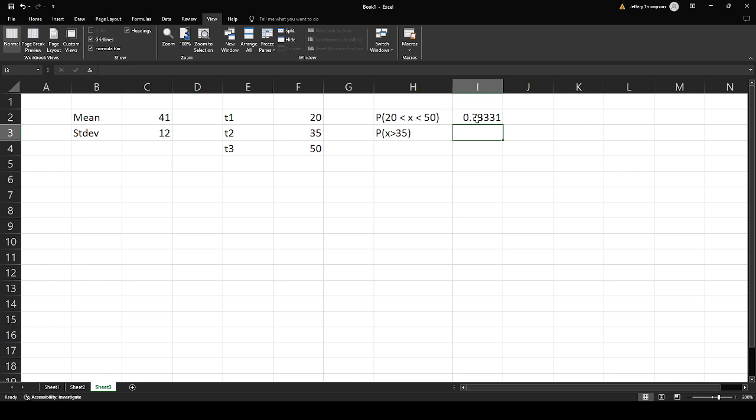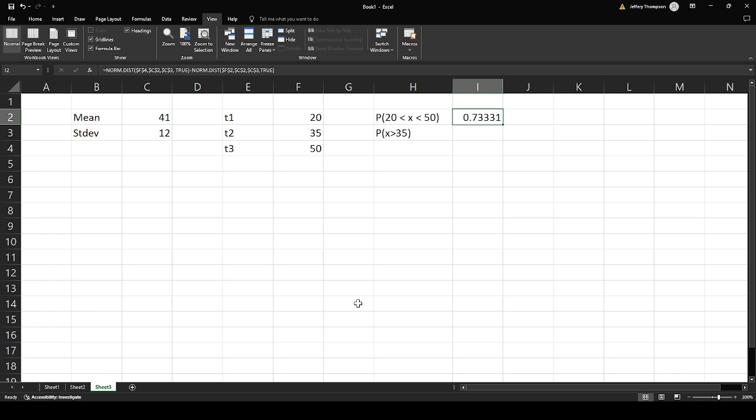And now Excel automatically subtracts the two. So if we're looking for a range, we take the higher probability minus the lower probability, and we're using the normal distribution directly with X. We don't have to go through Z-scores.